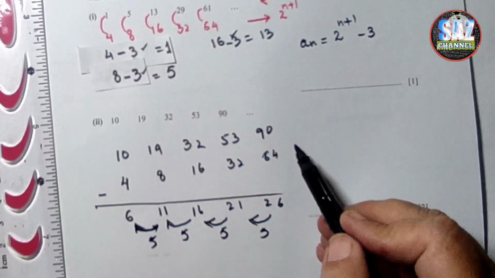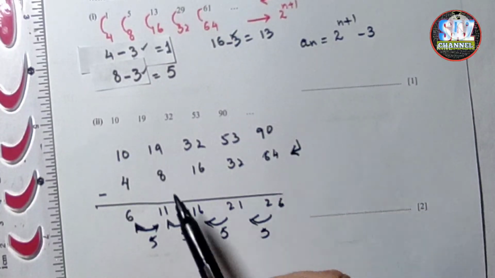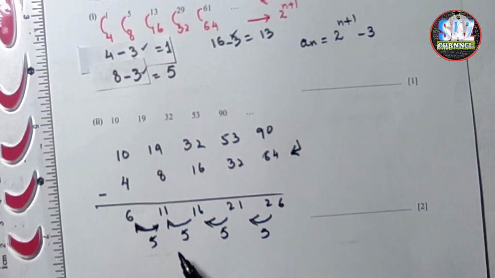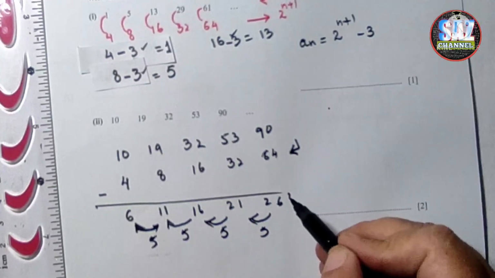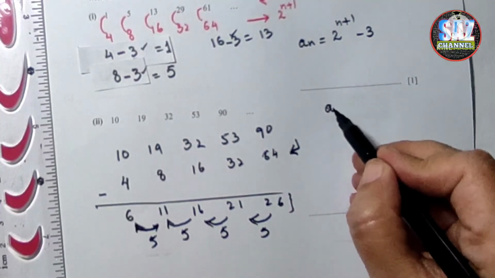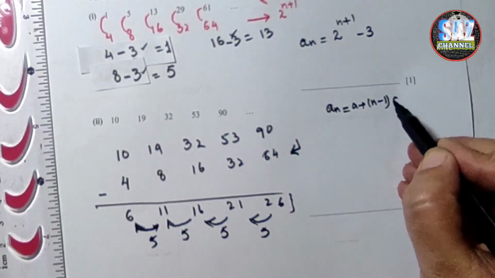It means this sequence will be the sum of the first sequence plus a sequence which has common difference 5. So first of all, we are going to find the nth term for this part, that is a_n equals a plus n minus 1 into common difference.